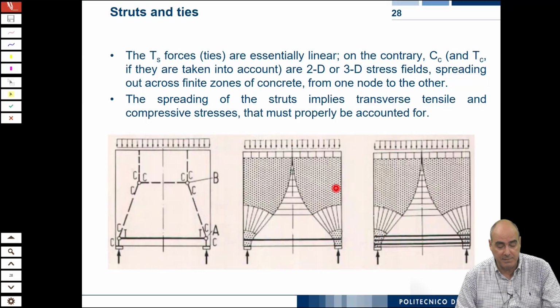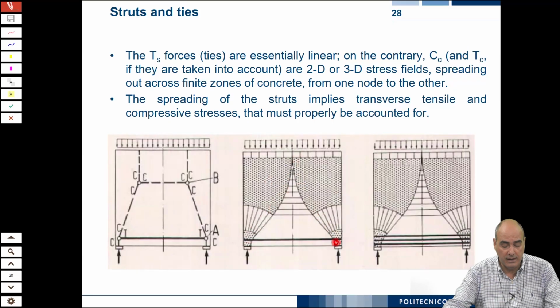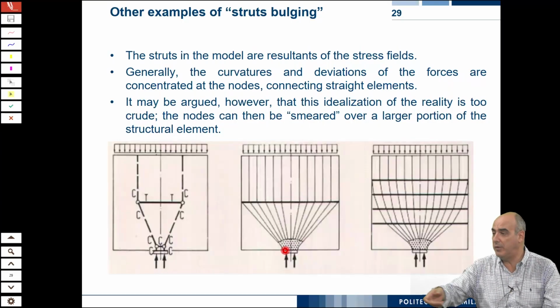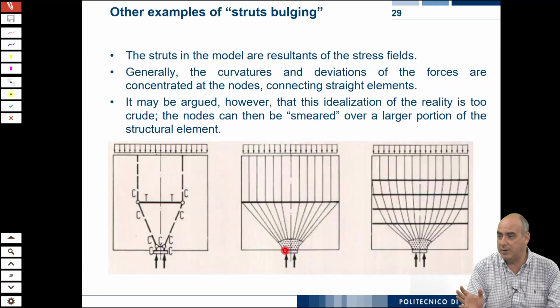You can see here some examples of how the compressive stresses distribute from this support to this wall width, or, for example, in the case of a pre-stressing anchor. You have a concentrated force over a narrow region, and then you have to spread it to the wall cross section.